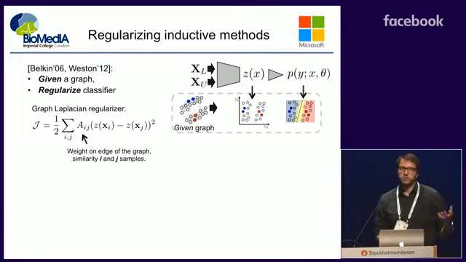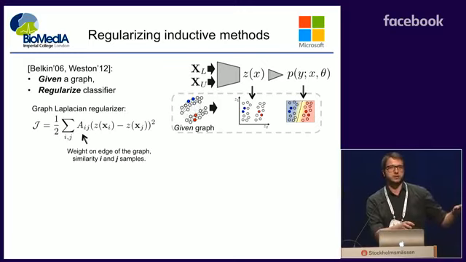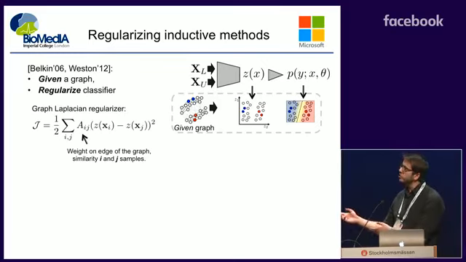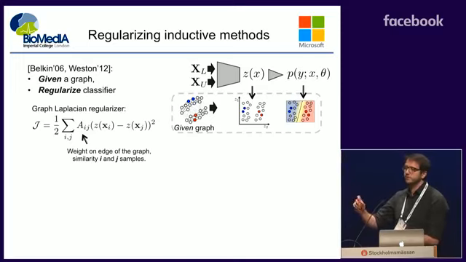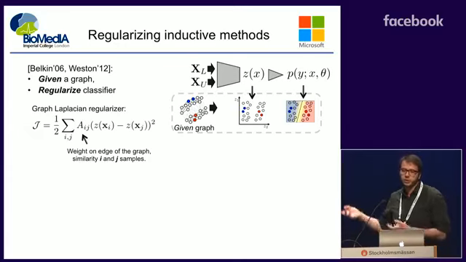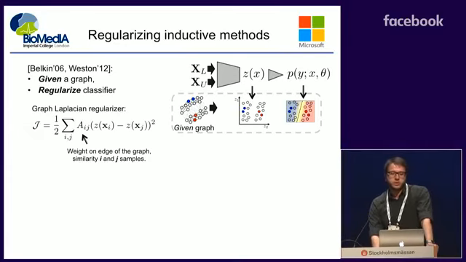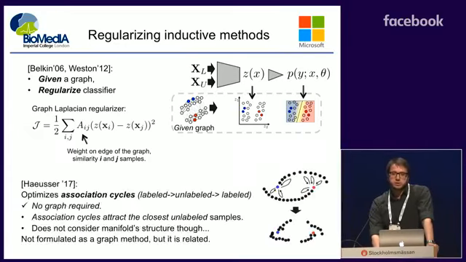For example, if you are given a pre-constructed graph that expresses the similarity of some samples, and it's appropriate that on the graph the clusters are separated, you can regularize a method so that in the latent space it also preserves these pairwise similarities, and so in the latent space the classes will also be separable. But it's not easy at various tasks to construct such a graph yourself. And we're going to learn one instead.